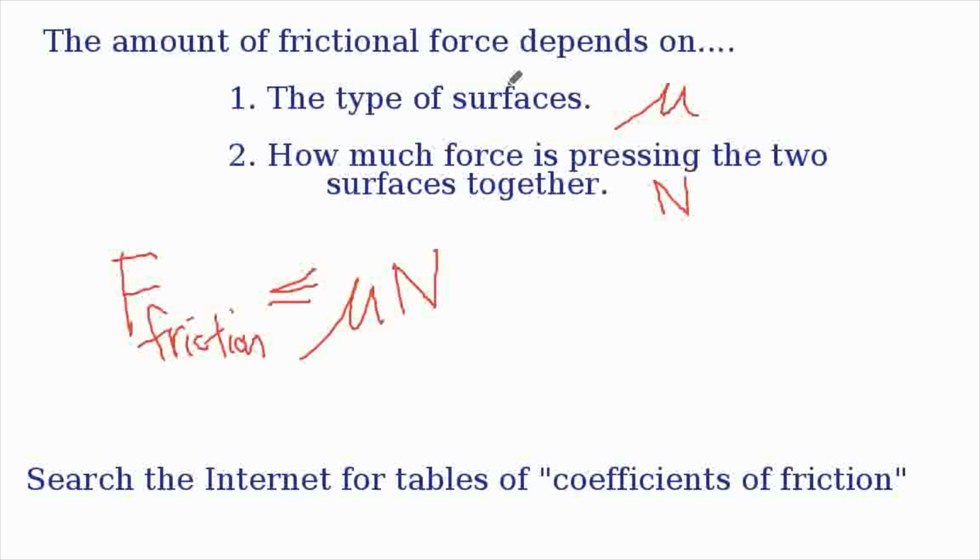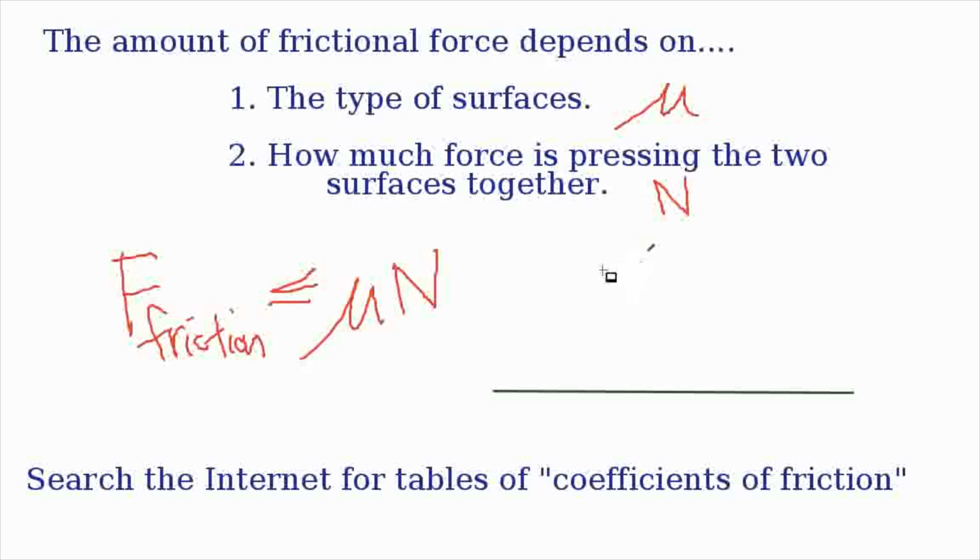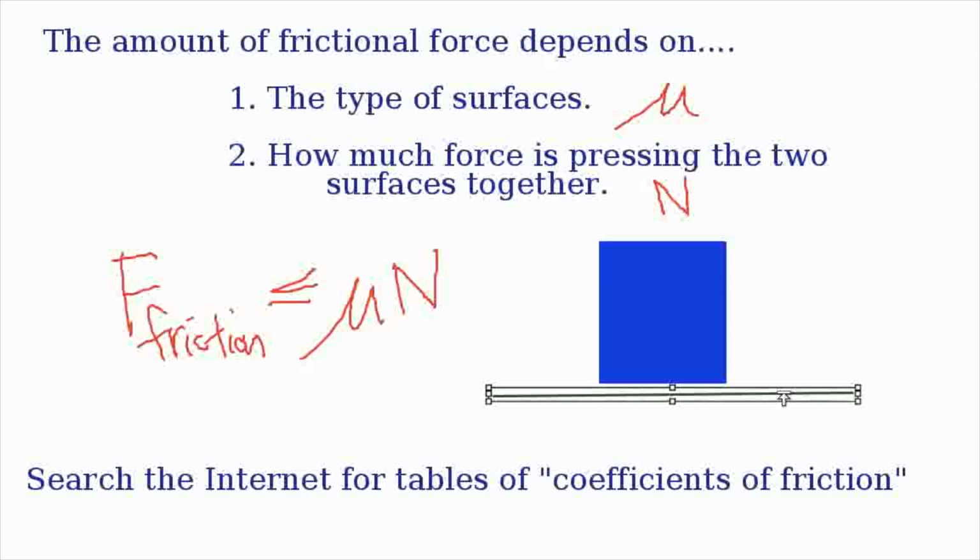Why do I say less than or equal? Suppose that I wasn't, well, here, let me make another picture. Pictures are always good to help explain things. So I have a box. Today's the day to push boxes across rug carpet. And let's say that I am not pushing the box.